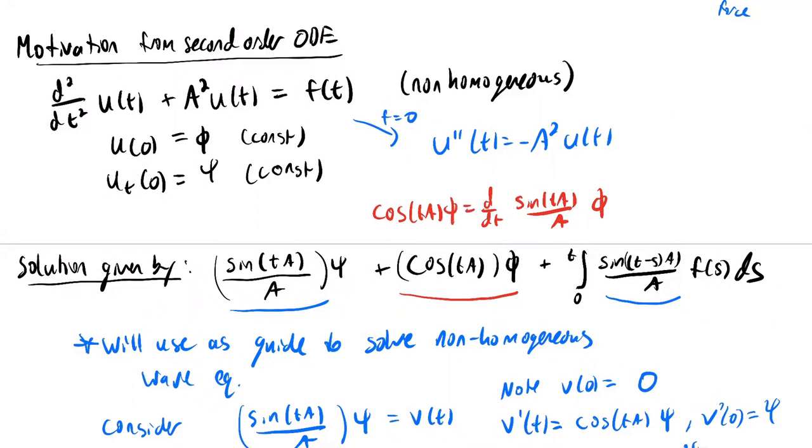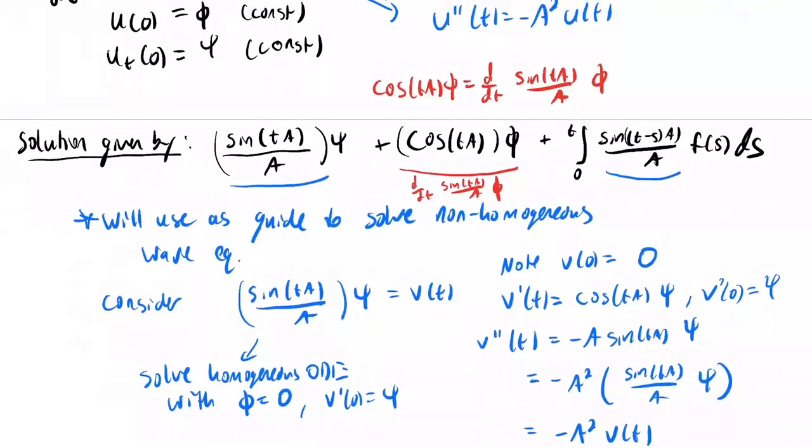And so I can write this as the derivative with respect to t of sine of TA over a applied to phi. Then this quote unquote solution operator is of the same form for all three terms. It's all sine of something over a, and then multiplied by another function. That's exactly what we did below, except you just need the time derivative to make this work.